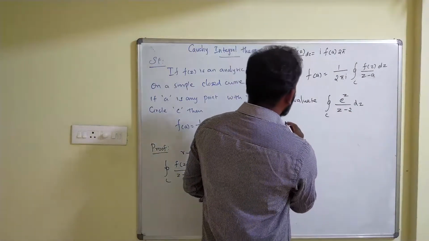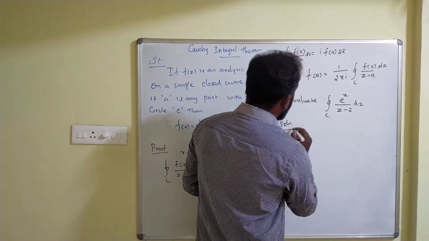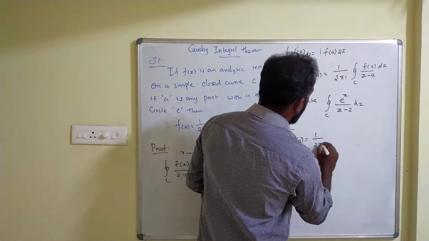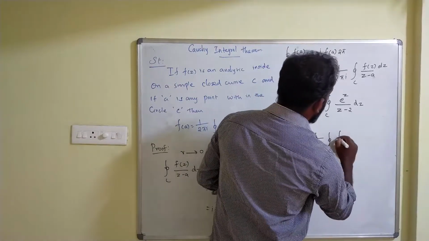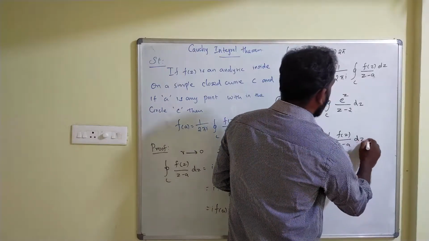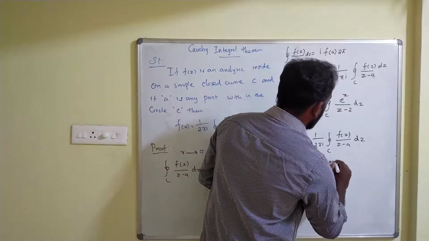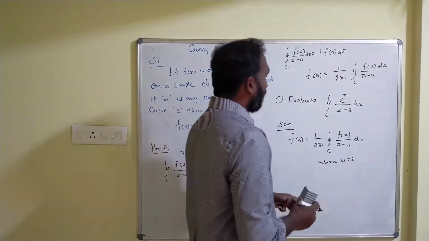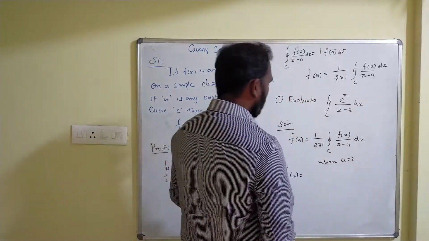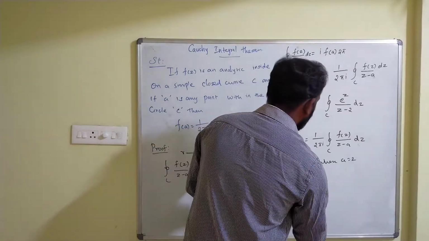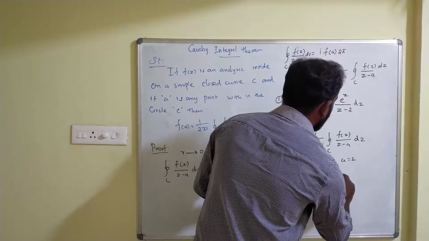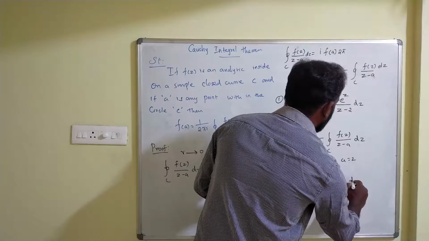Therefore just compare here. Solution: we know the equation, that is f of a is equal to 1 by 2 pi i integral over C f of z divided by z minus a into dz, where a is equal to 2 here, and substitute: f of 2 is equal to 1 by 2 pi i integral over C, what is f of z, e power z divided by z minus 2 into dz.